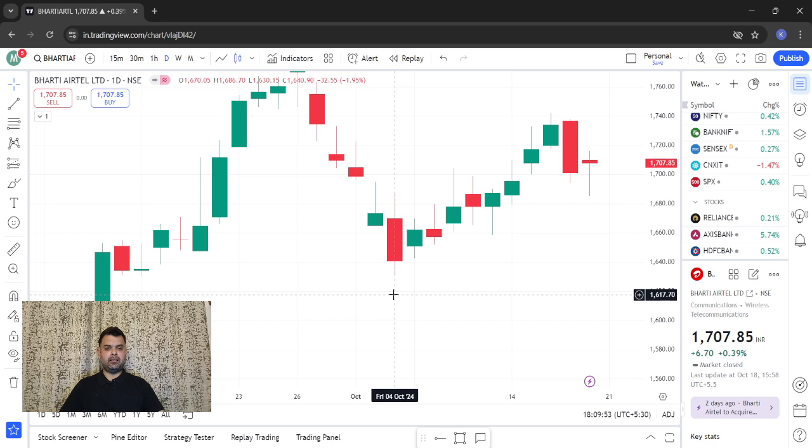Suppose this candle, which was formed on 4th of October, we can see a red candle containing all the data.